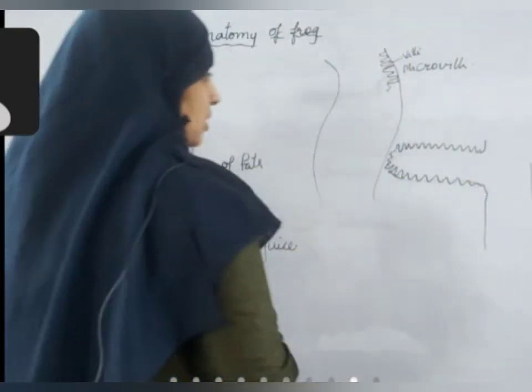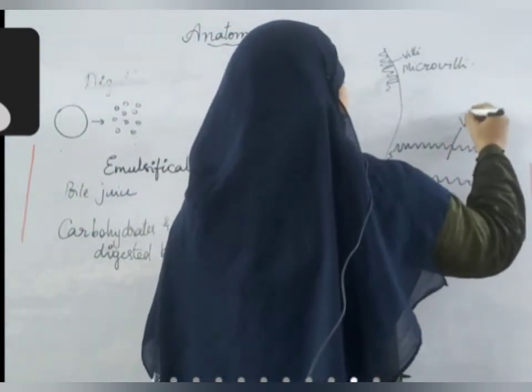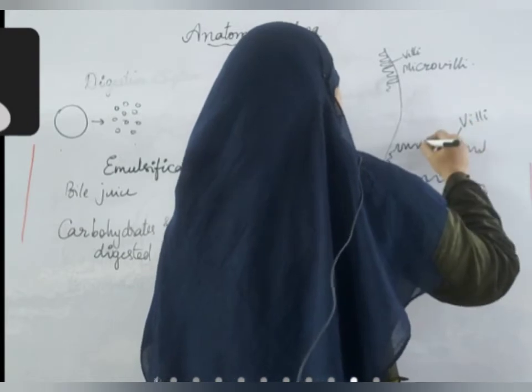On this there are small projections like this. They are called microvilli. This is called villi. This is called microvilli.